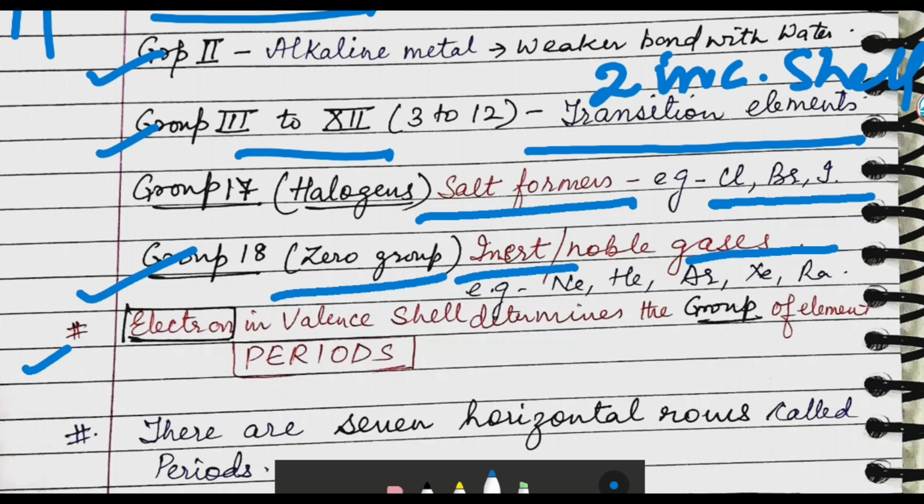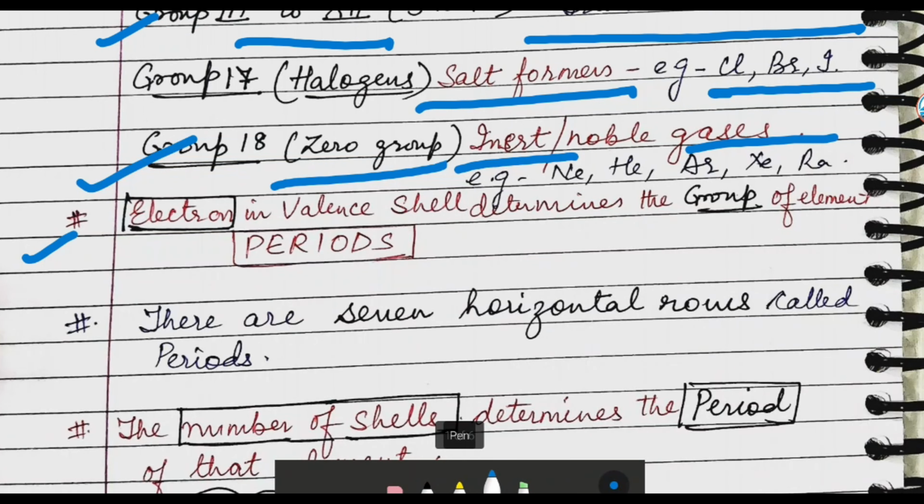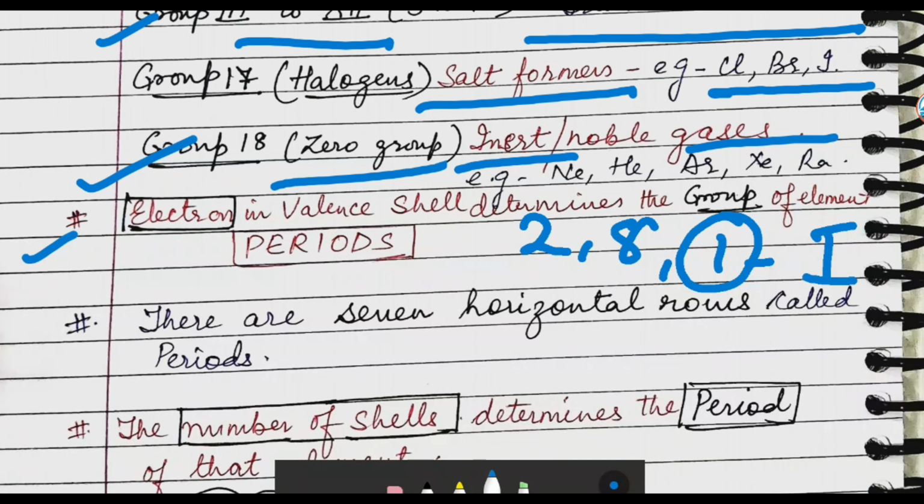Now a very important thing: the number of electrons in the valence shell determines the group of the element. What does this mean? I will explain with an example. Sodium has the electronic configuration 2, 8, 1. The last valence shell has 1 electron, so it will be placed in group 1.